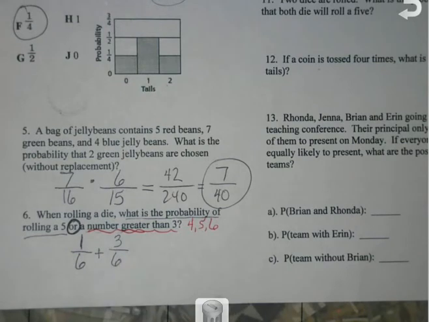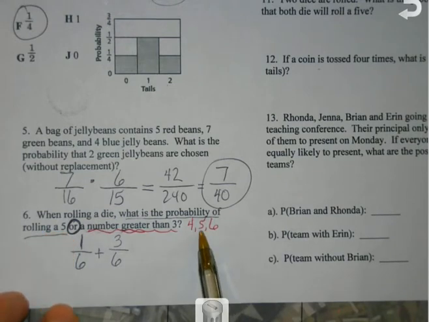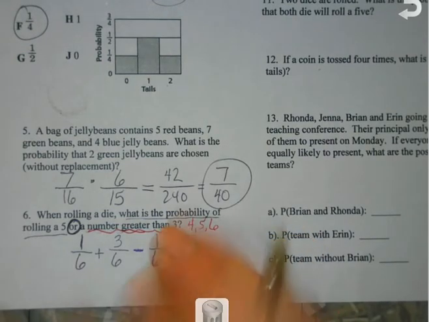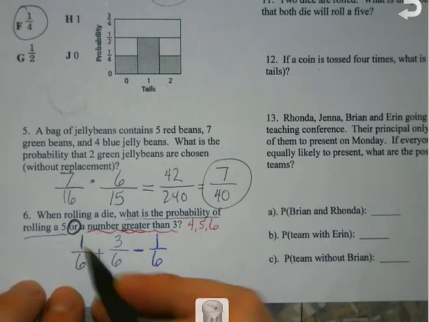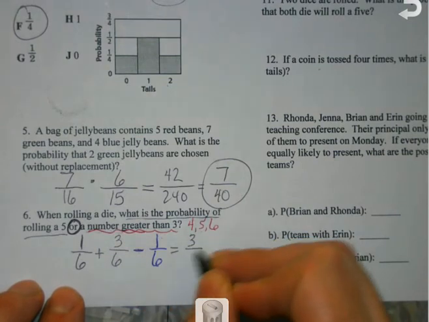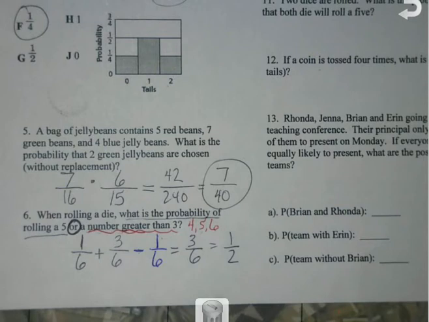But wait a second. Is there something that repeats? Yeah. My 5 repeats. I rolled a 5, but 5 is also included in here. Well, I can't count it twice. So I take it back out. So 1 plus 3 is 4 minus 1 is 3 out of 6 or 1/2.